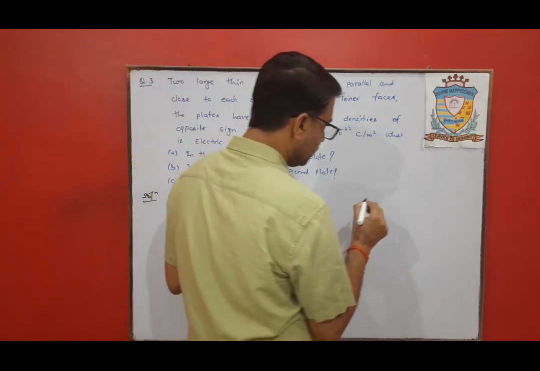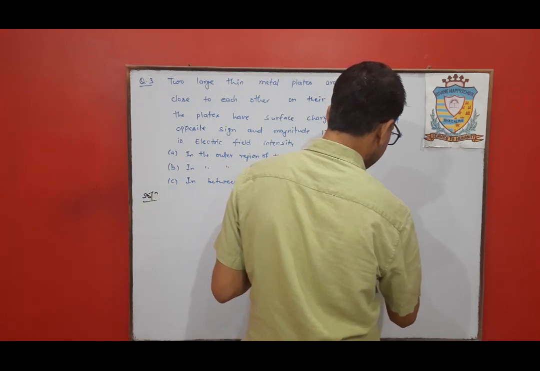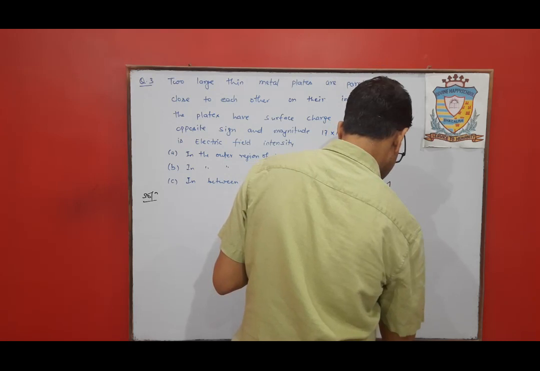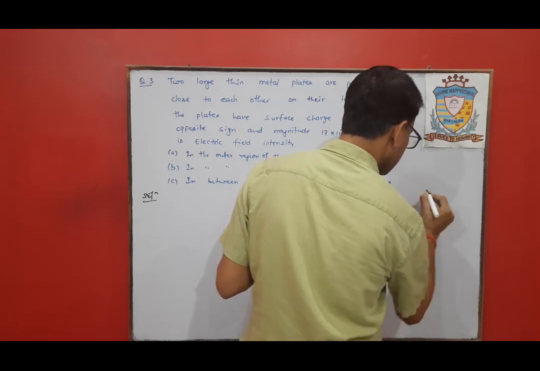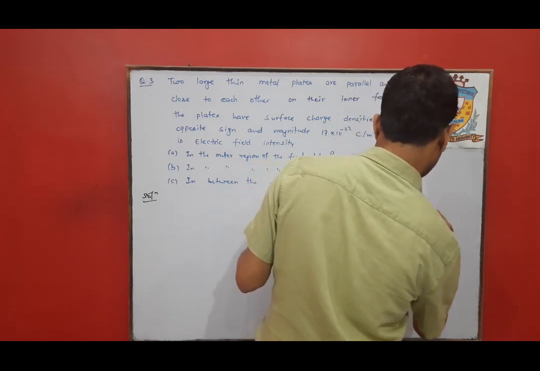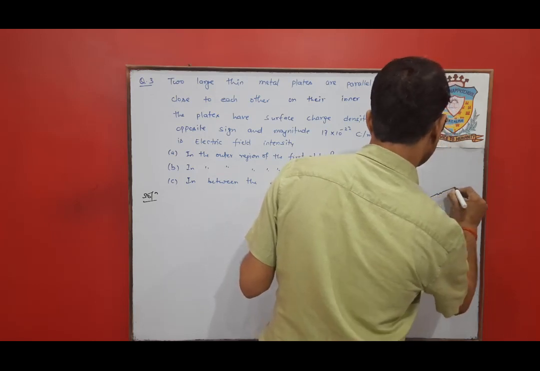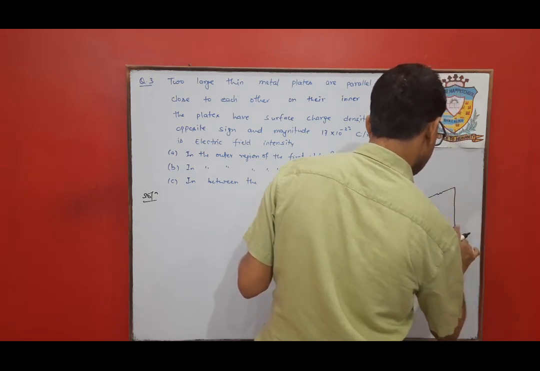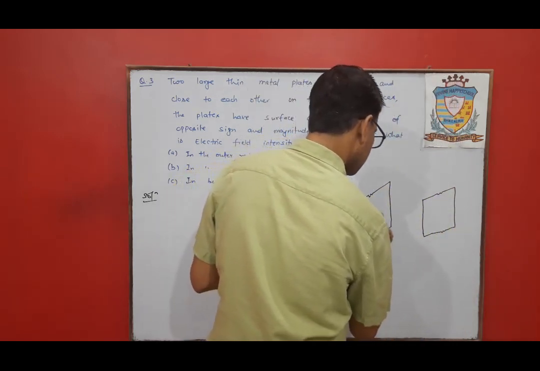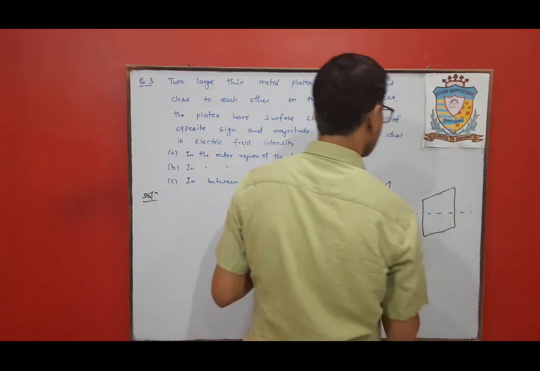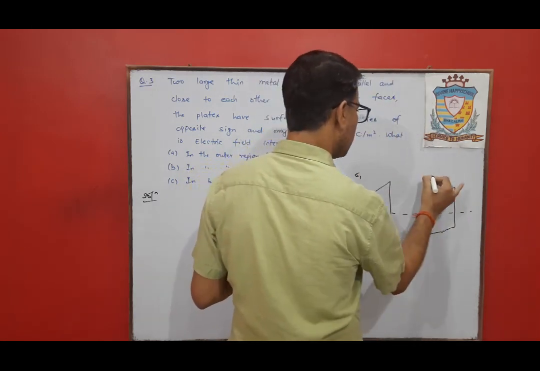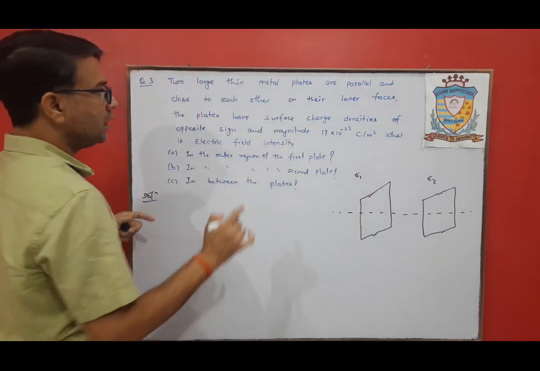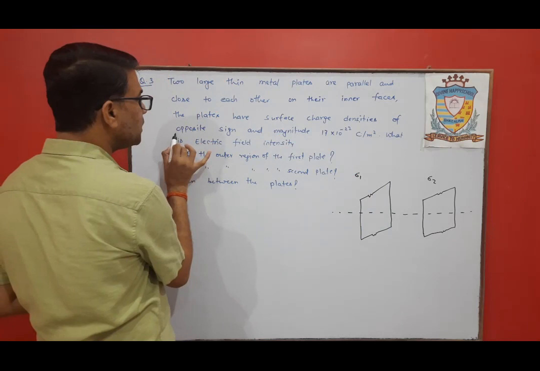Okay, so here you can see this is sigma 1 having charge density sigma 2, but here you can see the surface charge density is of opposite sign.